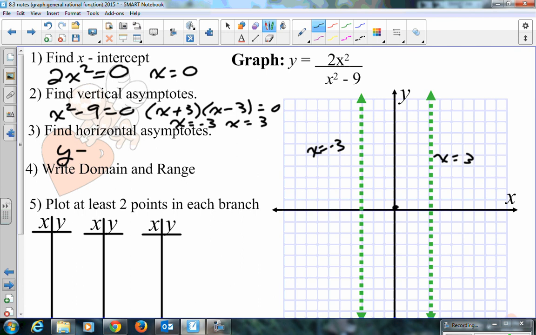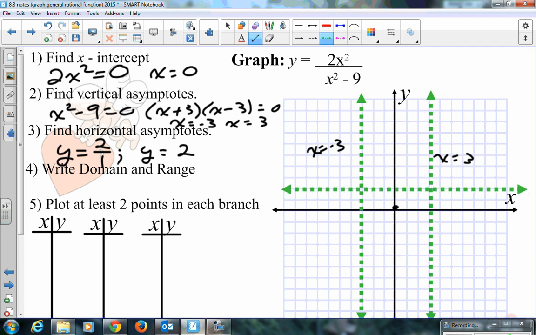So I say y equals 2 over the leading coefficient on the denominator, which is 1. So my horizontal asymptote is y equals 2. So let's go ahead and draw that one on our graph. Label it so we keep track of what we got here.